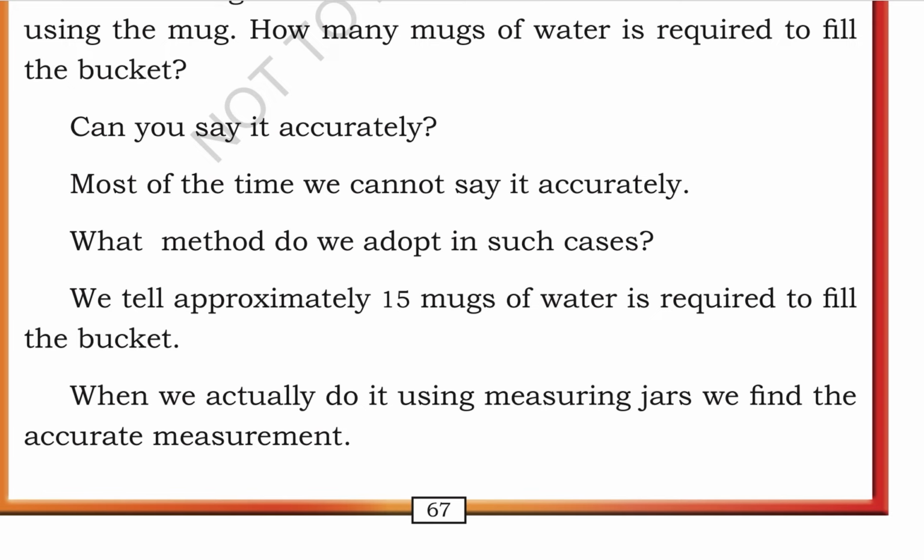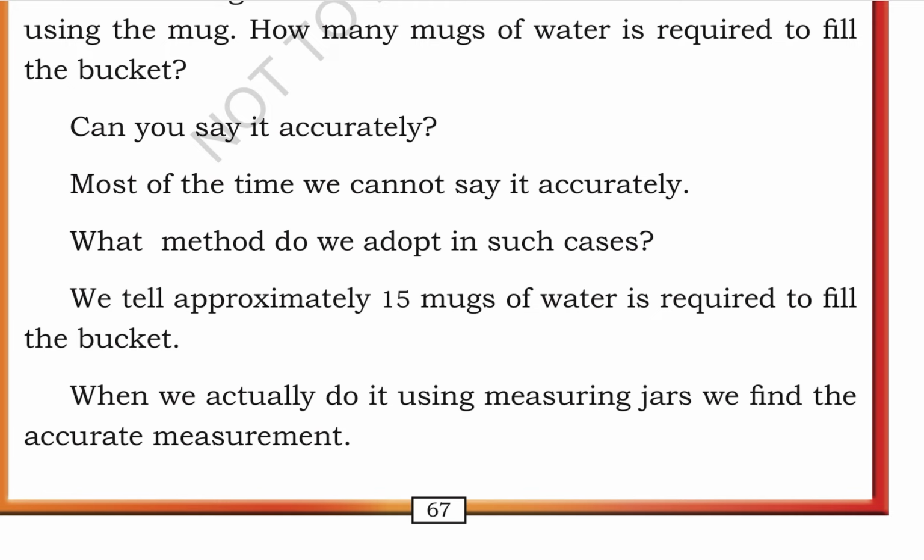Don't get confused. If you are not getting it, I will tell you one more time. You have a 500 ml bottle in front of you and you drank some water from it. Before drinking it was 500 ml water. When you consume some water, there is still water in the bottle. You cannot say the actual measurement of the water present in the bottle now.